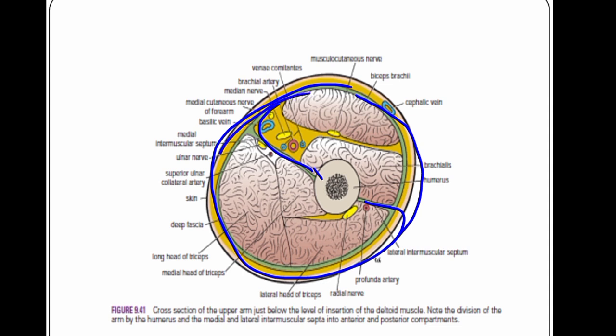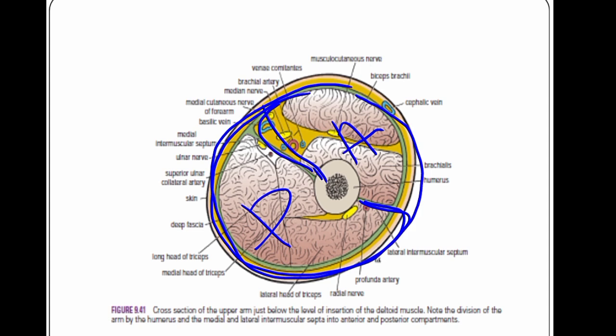This deep fascia is attached to the medial and lateral supracondylar ridges. Hence, it divides the arm into two main regions, the anterior region and the posterior region.